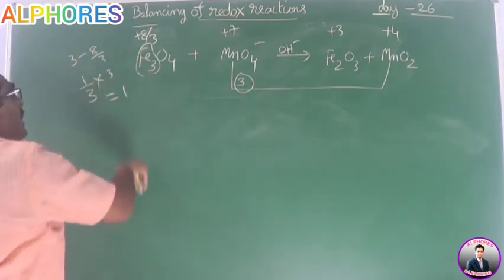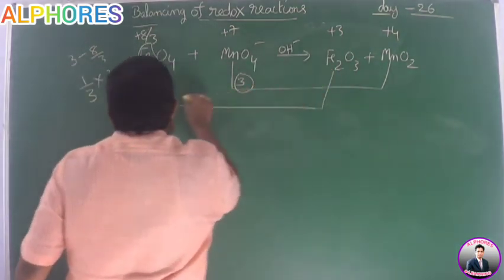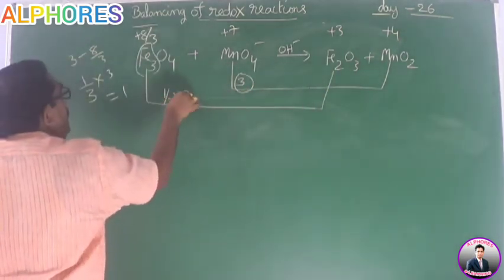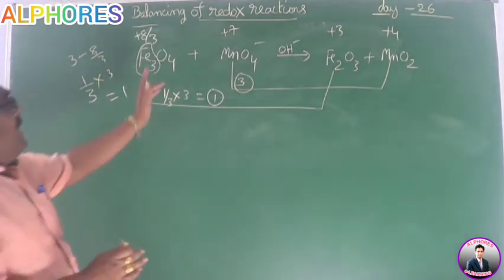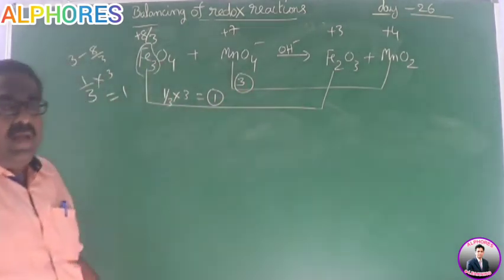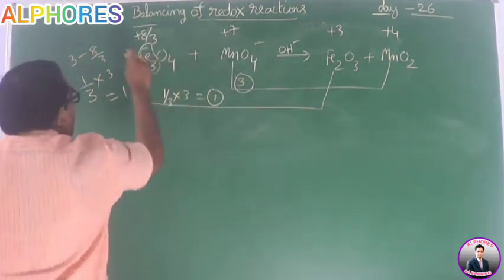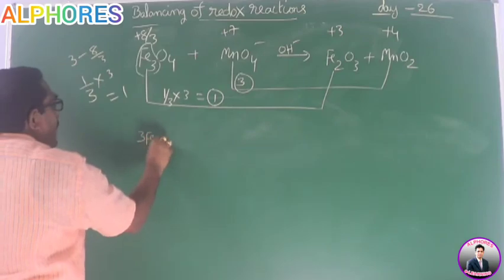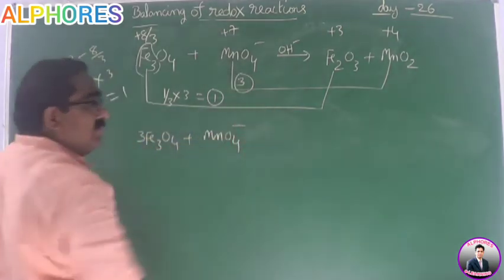So 1 by 3 into 3 is 1. Now the total change here is 1 and here is 3. Now reverse the coefficients as usual. Write 3 for this, you concentrate, and 1 for this.